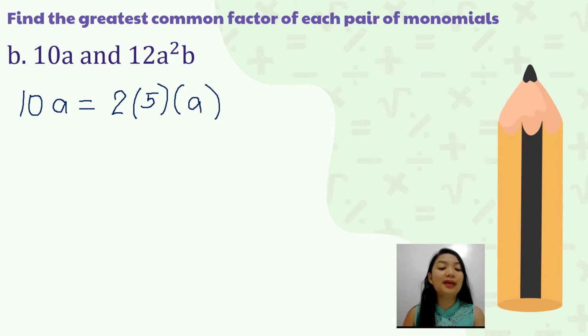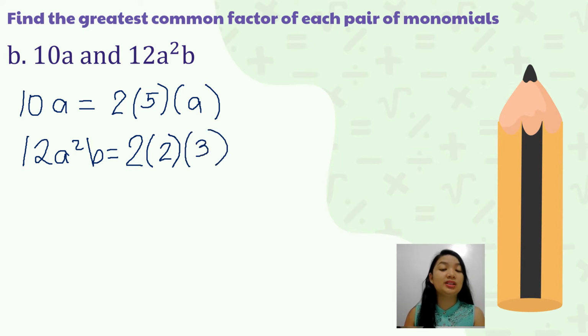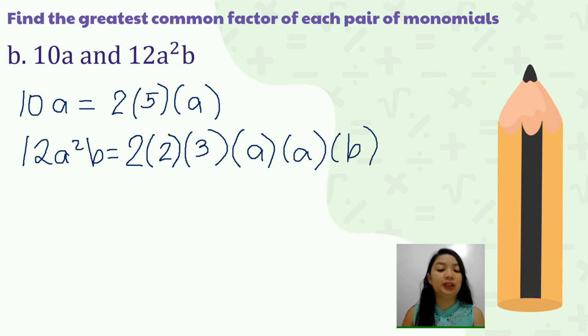How about 12a squared b? 12 can be written as 4 times 3, and 4 is equivalent to 2 times 2. So these are the prime factors of 12. And for a squared, we have a and then a, and we also have b.